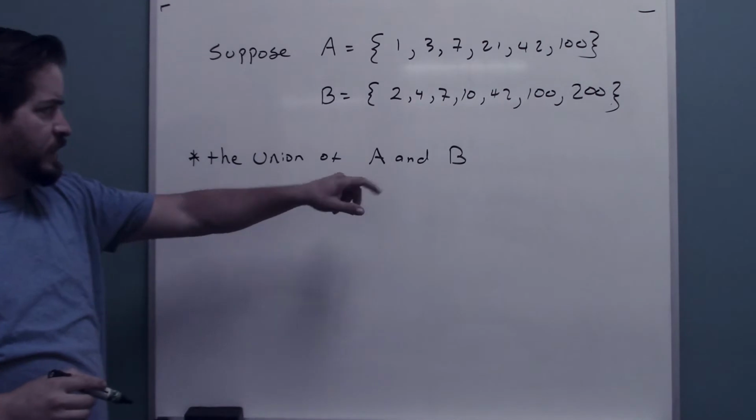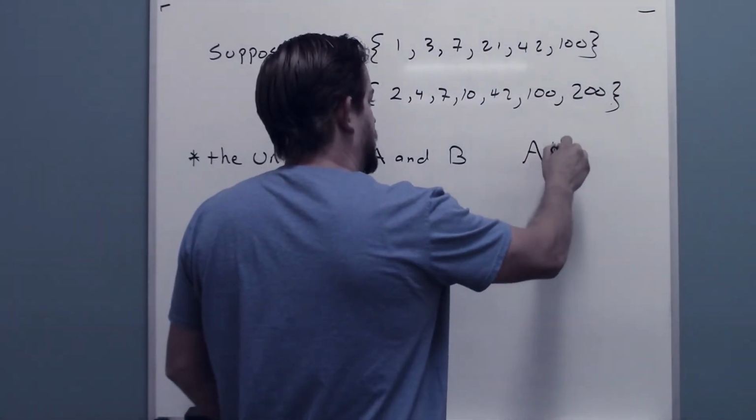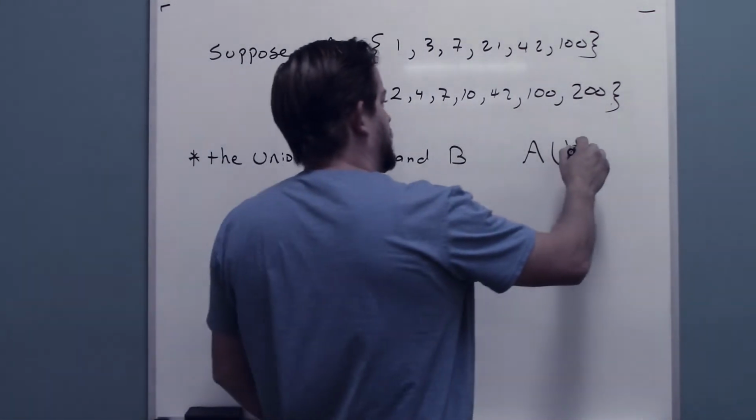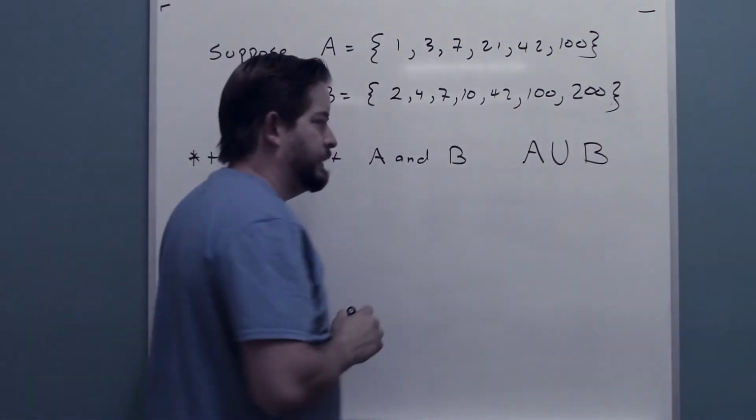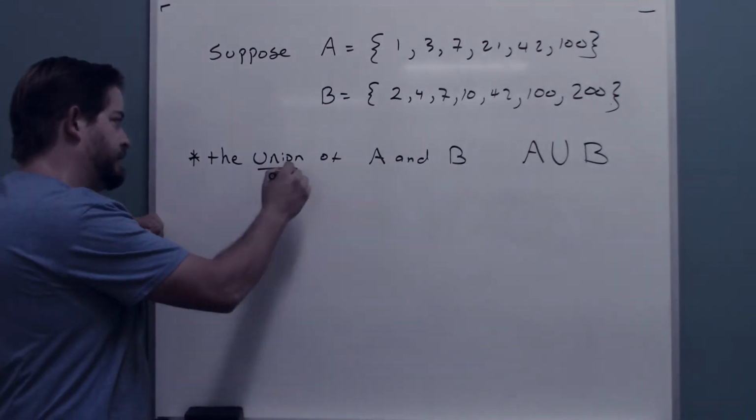The union of A and B, denoted as A, kind of elongated U, B. Right? A union B is the notation for the union, right?